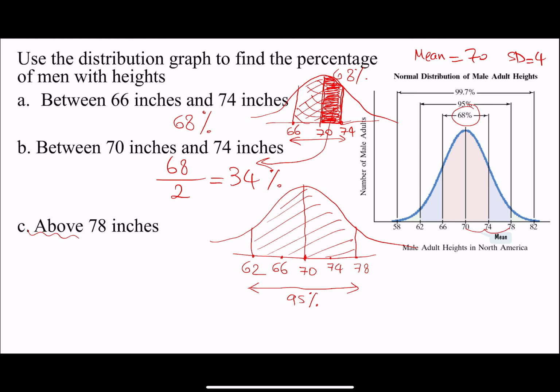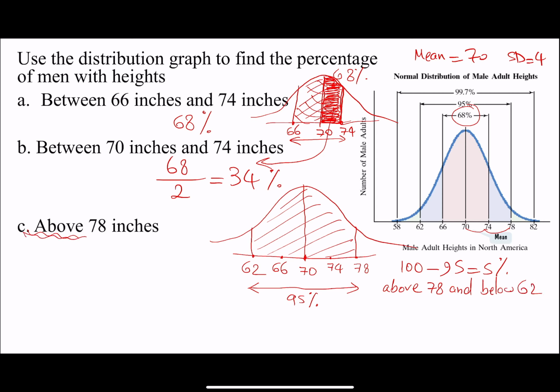So 95% fall between 62 and 78, and I subtract that from 100. 100 minus 95 is 5%. It means 5% fall above 78 and below 62. So 5% of data items are above 78 and below 62. What does the question ask?